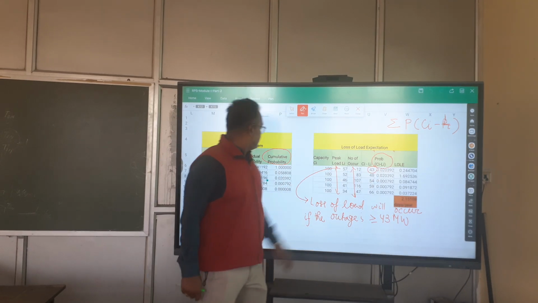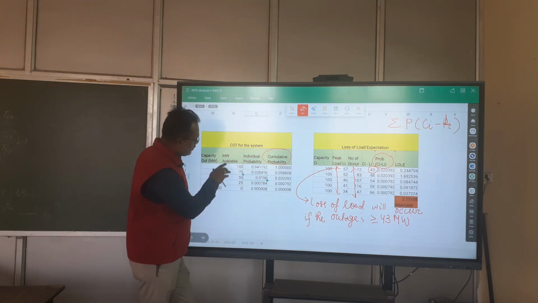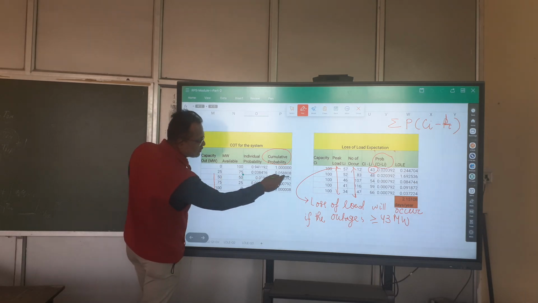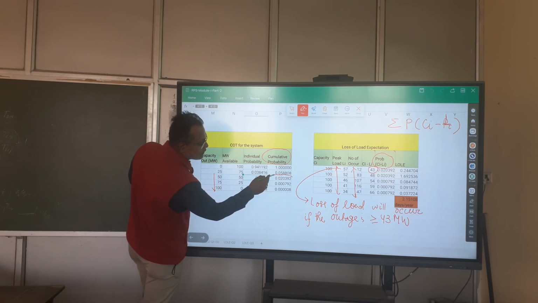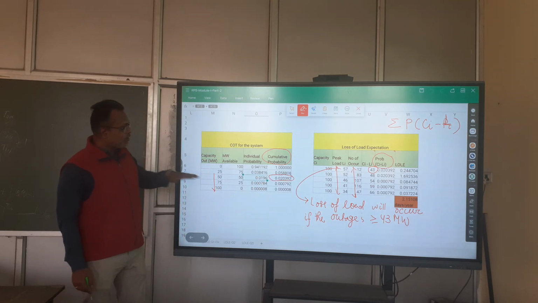So in this case, the outage should be 43 megawatt or higher. It lies somewhere between 25 and 50. So we take the next one, because we cannot say 25.